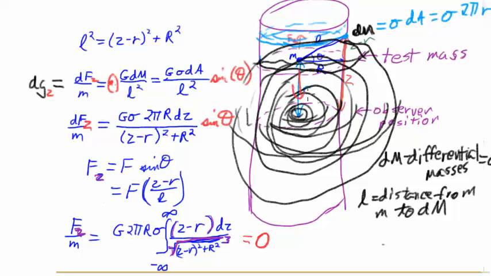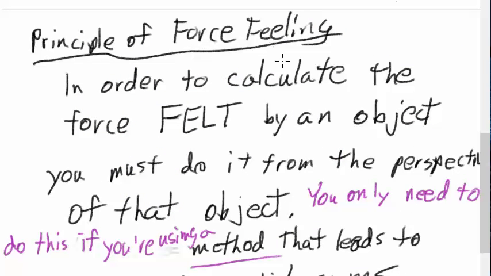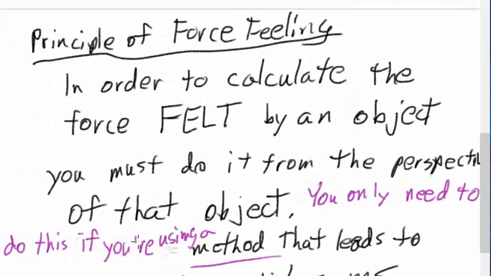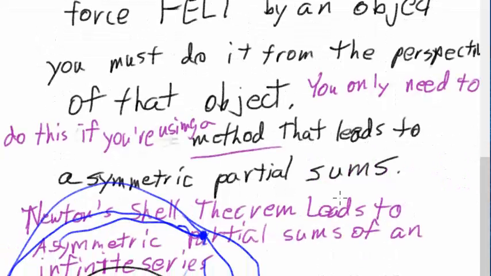in that direction. So if you agree with my principle of force feeling, that in order to calculate the force felt by an object, you should do it from the perspective of that object if you're using any method that leads to asymmetric partial sums around the distant mass.